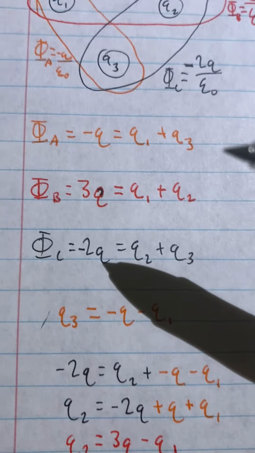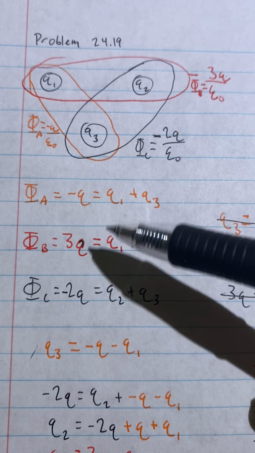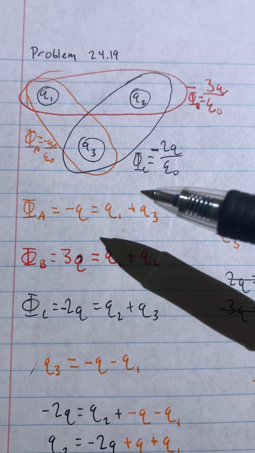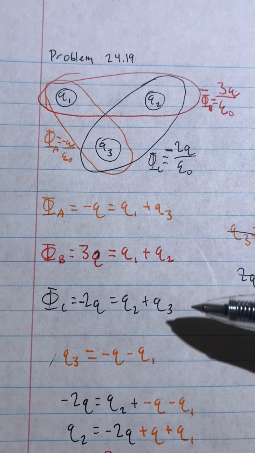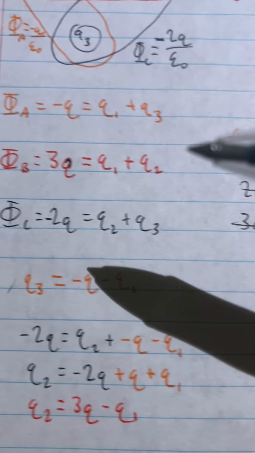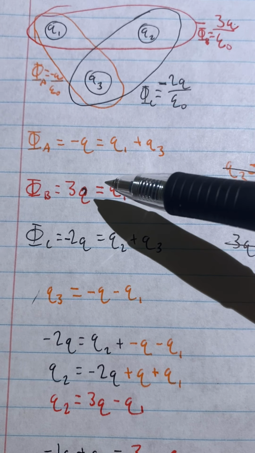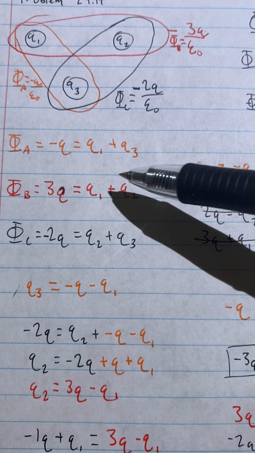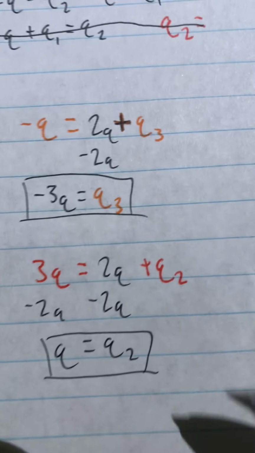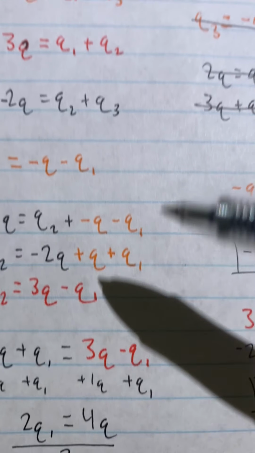An assessment for this could be looking at the amount of flux going through each one. We see that C and A both have negative fluxes going through them, and the only value they share in common is q3, meaning that has to be negative, and we found that it was negative. Then we also know that B has to be positive because it's 3q, so q1 and q2 both have to be positive, and that's true here, where q2 is just q and q1 is 2q.